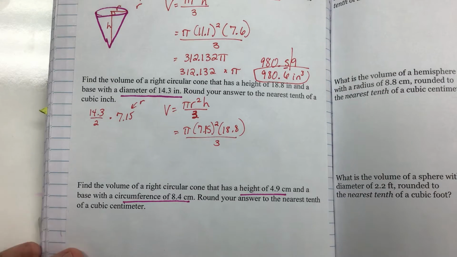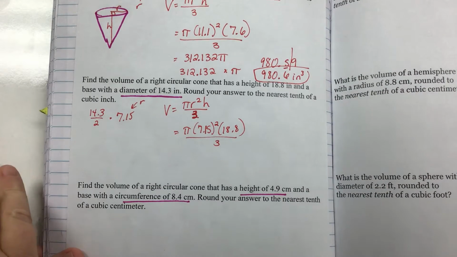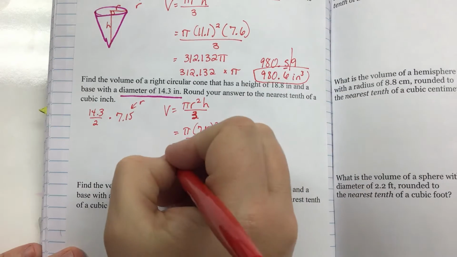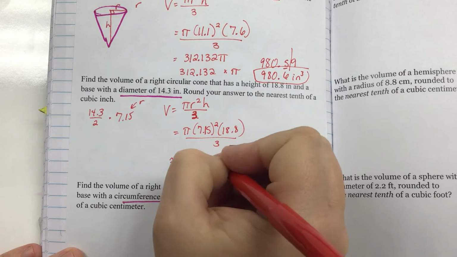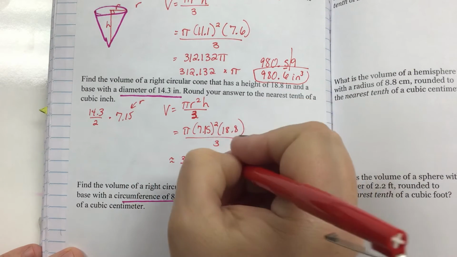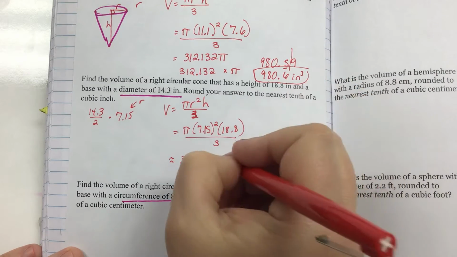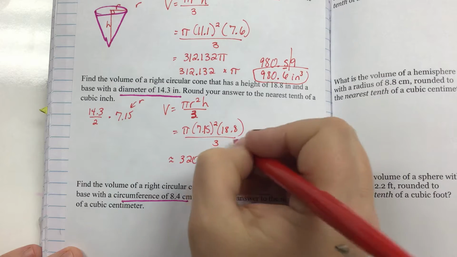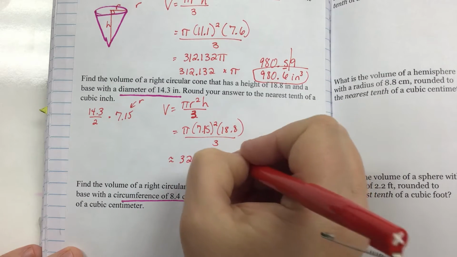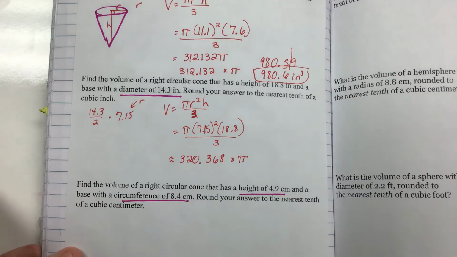So again, if I take 7.15 squared times 18.8, and divide that by 3, I get 320.36766, etc. So I'm just going to round it to 320.368. And then I have a pi in here, so I need to multiply that times pi.